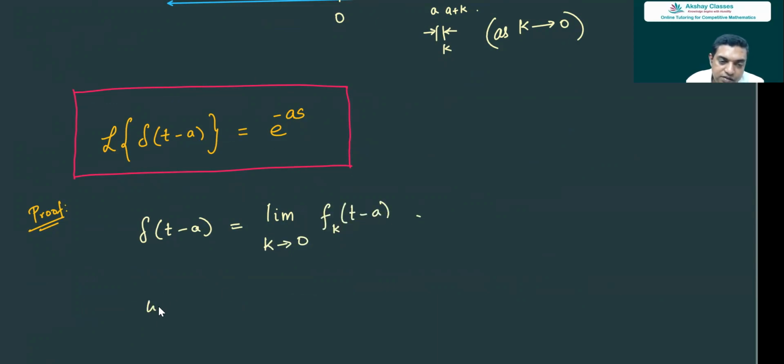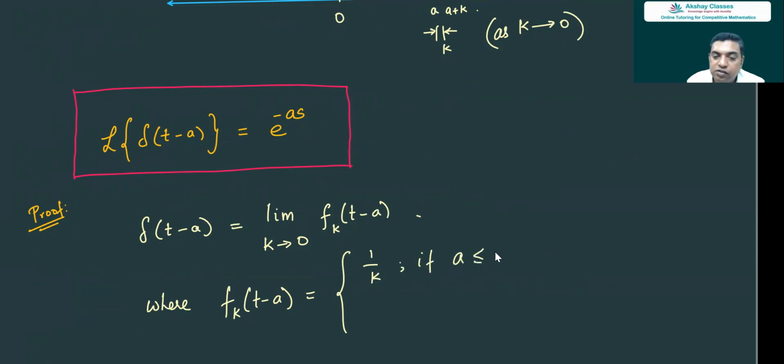So where f of k, t minus a is equal to 1 upon k if t lies between a and a plus k, and this is equal to 0 otherwise.